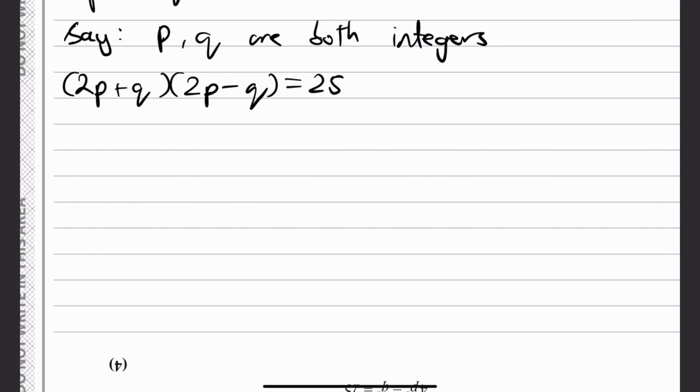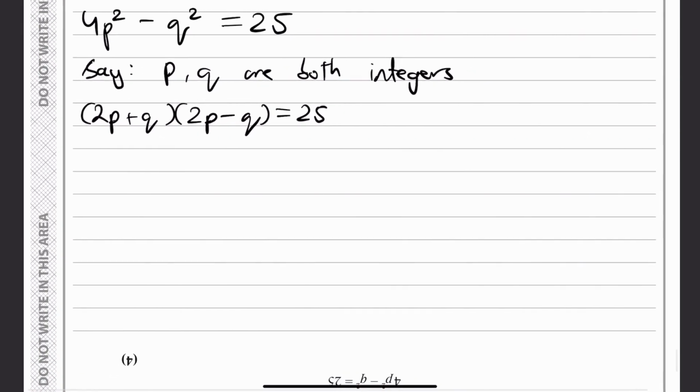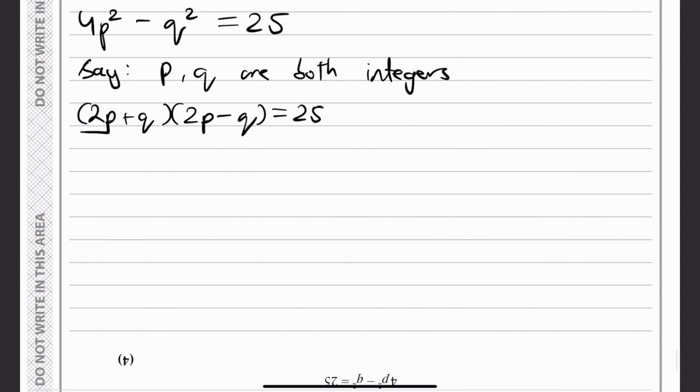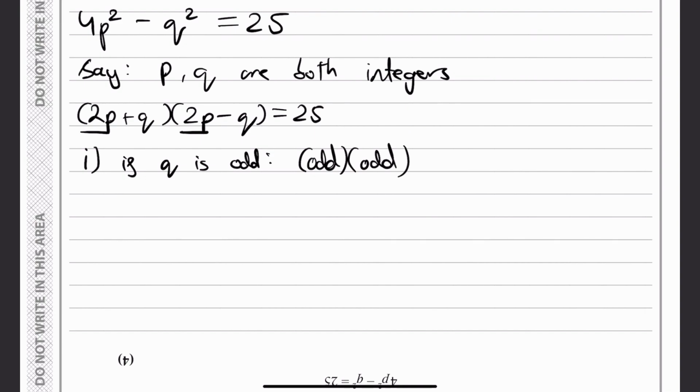Okay. So, you know for sure this is even. These are both even. But now it depends on if q is odd or even. So, let's put it into cases. So, if q is odd, then it's going to be an odd multiplied by an odd, which could be odd.